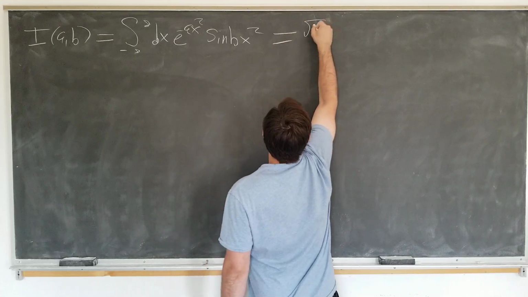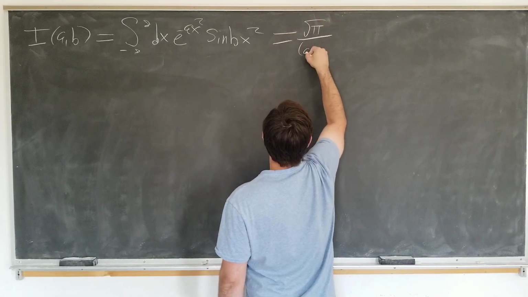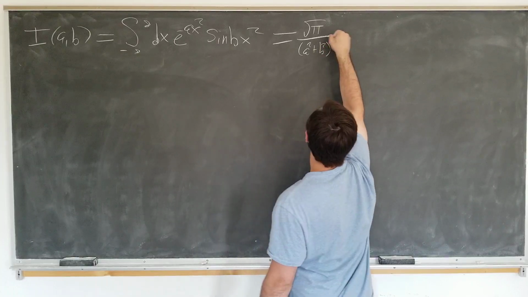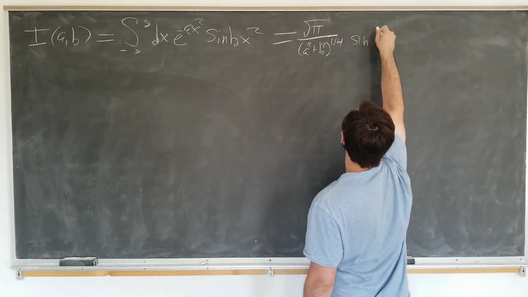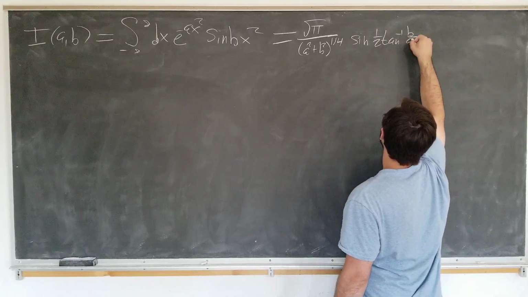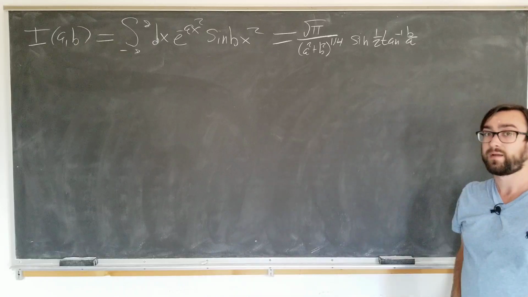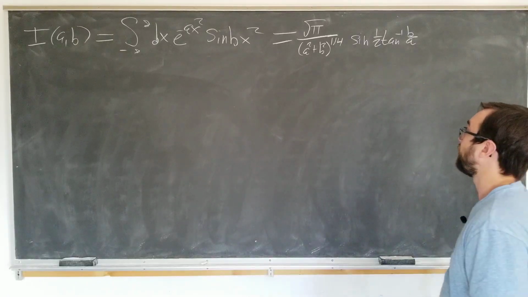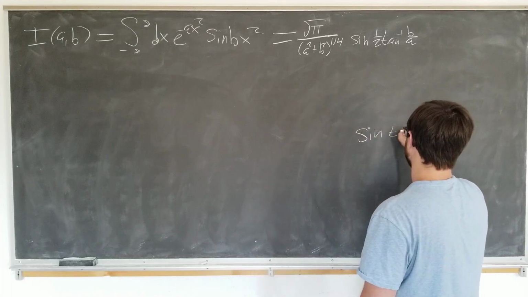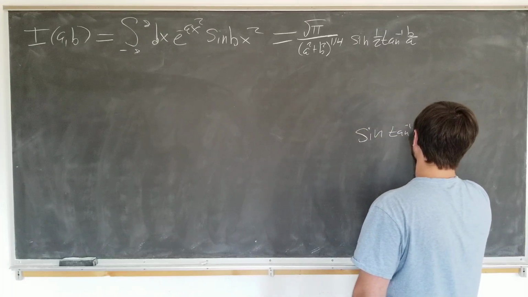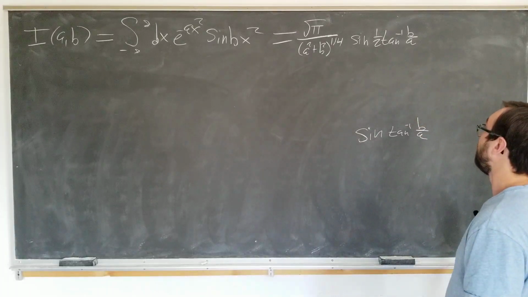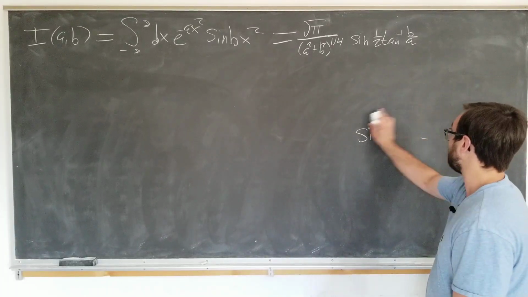We had the square root of pi, and then a squared plus b squared to the quarter power in the denominator, and we had the sine of 1/2 inverse tangent of b over a. That's what we had so far. We want to get rid of this trig function, and if we just had sine of inverse tangent b over a, it would be easy since we know how to draw the right triangle for that. But to get it into that form, it's not very difficult.